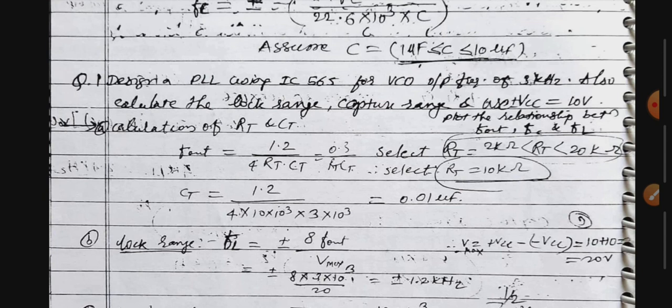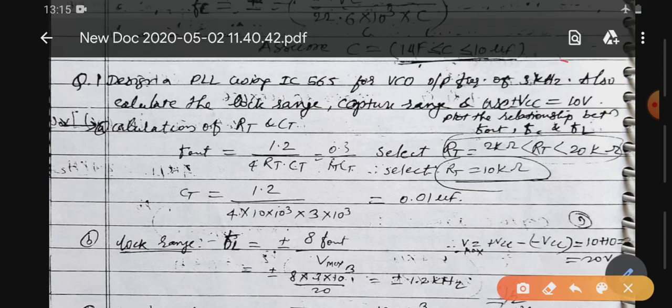Even if it is not asked in the problem to calculate lock and capture range, and it only says design a PLL using IC 565 for output frequency of 3 kHz, then also go for the calculation of lock range and capture range as per the design steps. So first step, what is given? The given is the output frequency as 3 kHz.